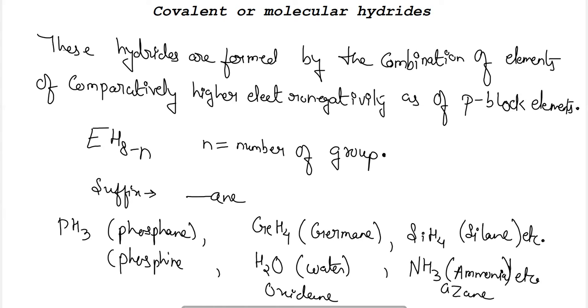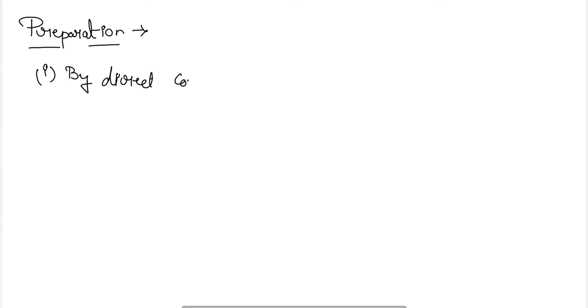Moving further, we will see the preparation of the covalent or molecular hydrides. The first method is the preparation by direct combination of elements.